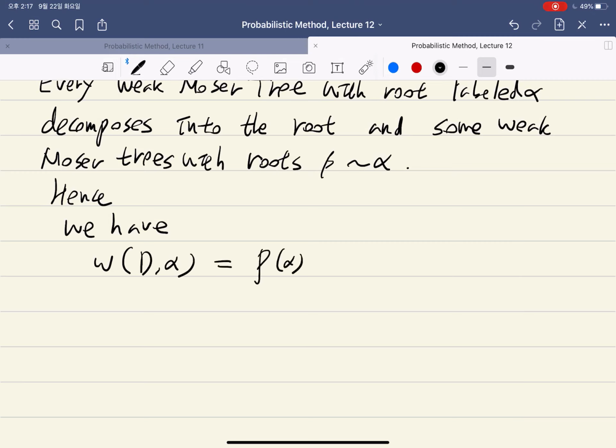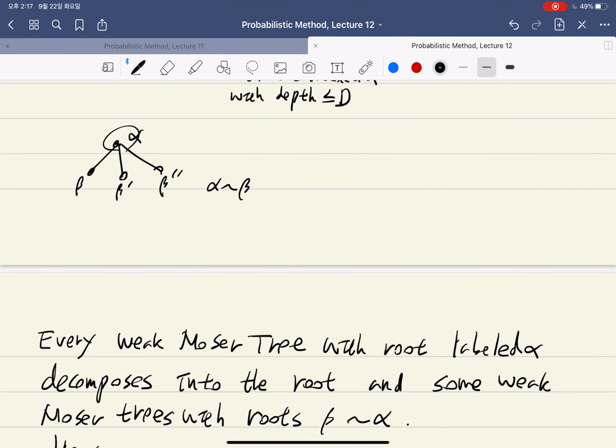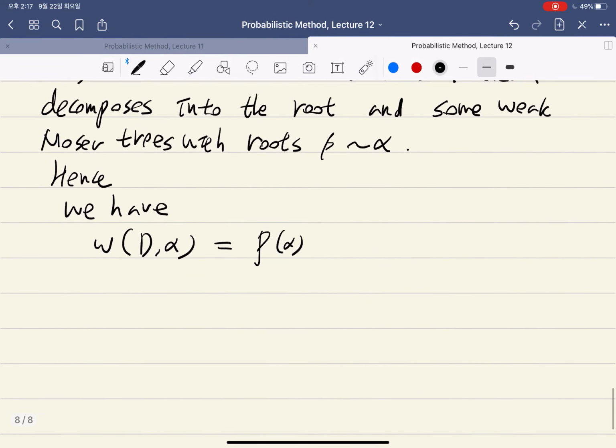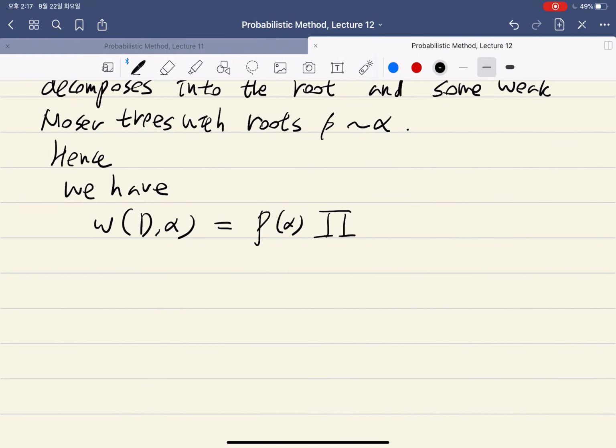So you take the root, which gives us this number P alpha, and we consider all the beta, and we take 1 plus W of t minus 1, beta.